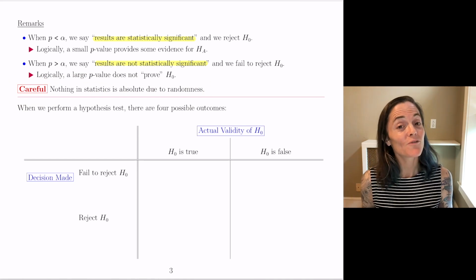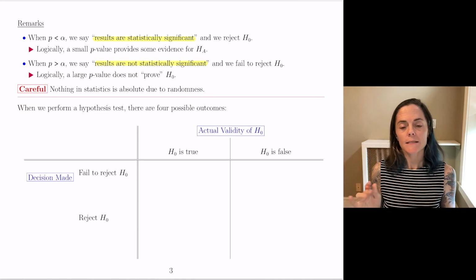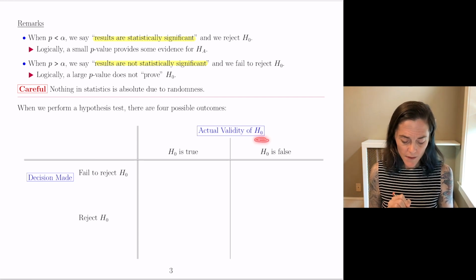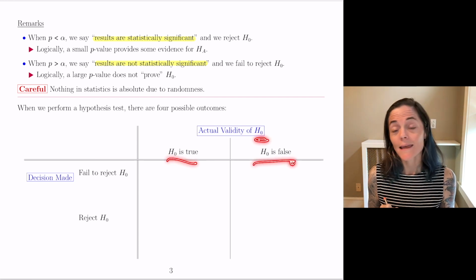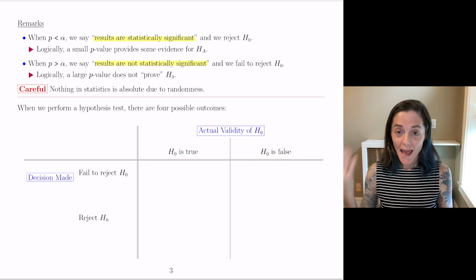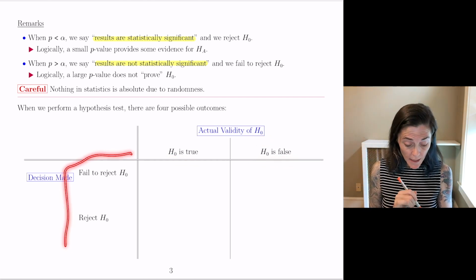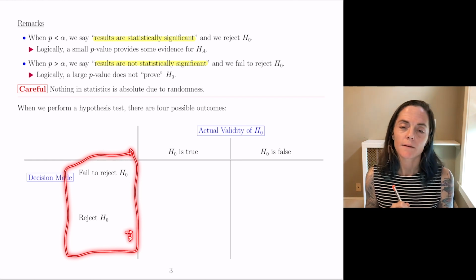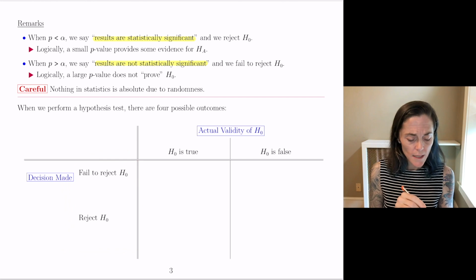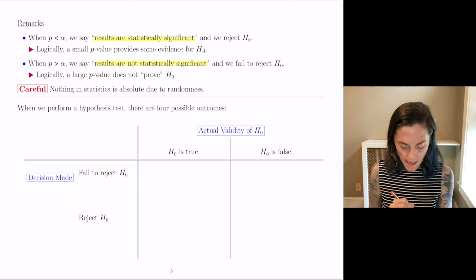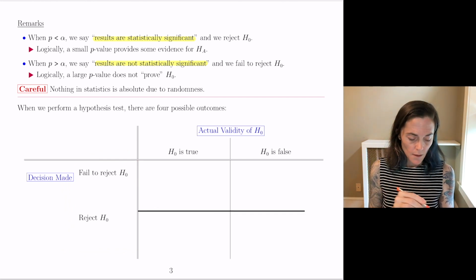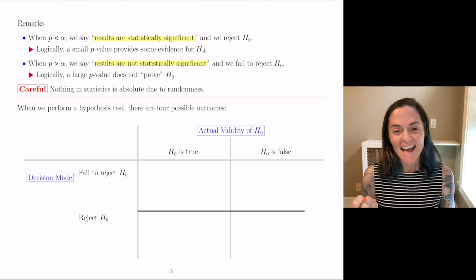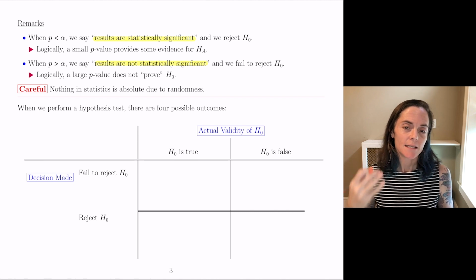So when we perform a hypothesis test, there are 4 possible outcomes. Either the null hypothesis is true or false. This is, say, the reality. And then, based on our p-value, we either fail to reject or reject. Let's discuss these 4 cases. Suppose H0 is true, and we fail to reject H0.